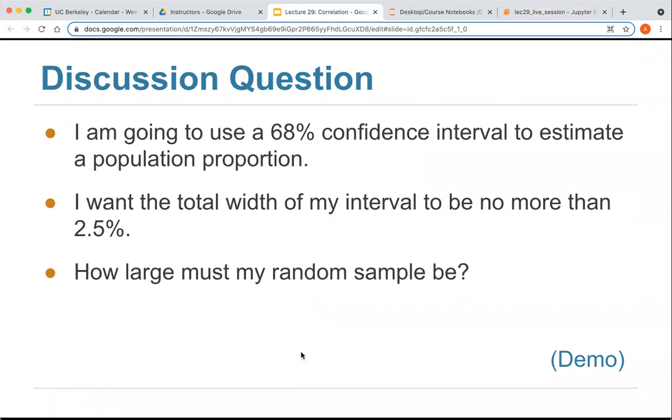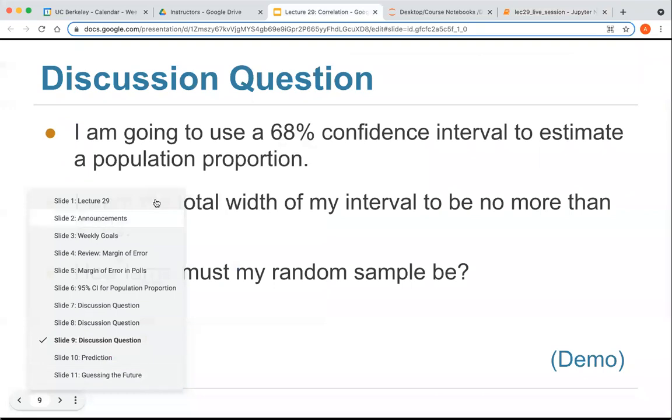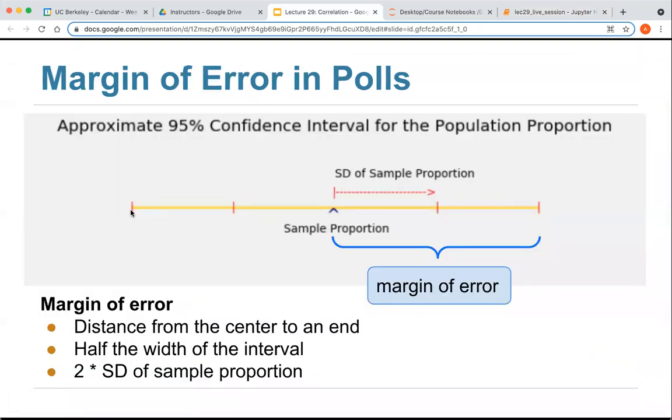Width, left end to right end. One end to the other end. Different from margin of error, which is half that.